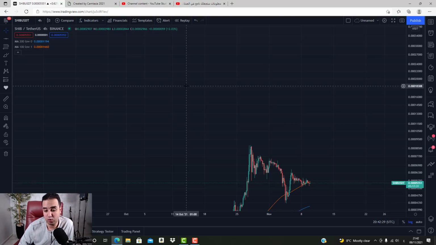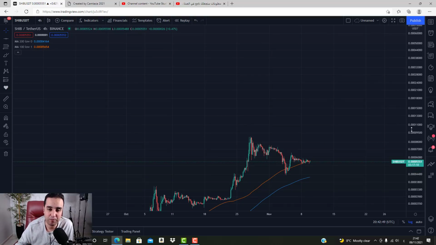In today's episode we will extract the next support and resistances for Shiba Inu, and also forecast the next movements. Before you analyze any charts, make sure of one thing: how does the chart behave?